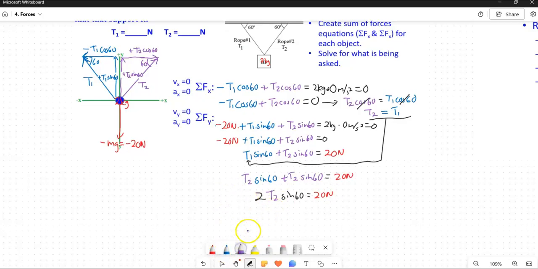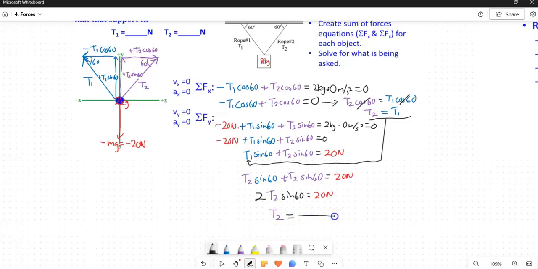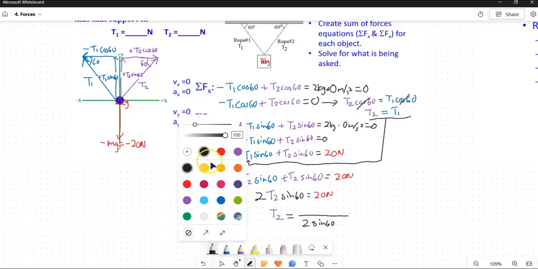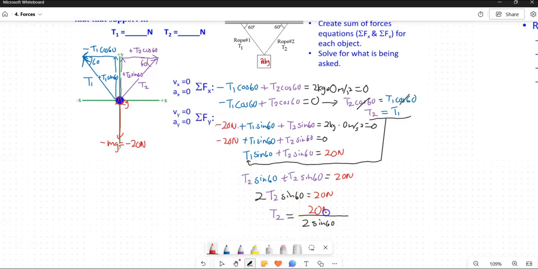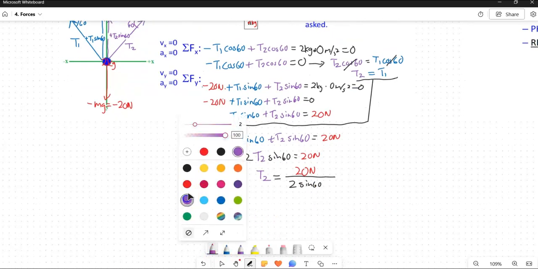Now to solve for T2, we're going to divide both sides by 2 sine of 60 degrees, so we divide the 20 newtons by 2 sine of 60 degrees. So let's figure out what T2 is, because then we will know what T1 is.